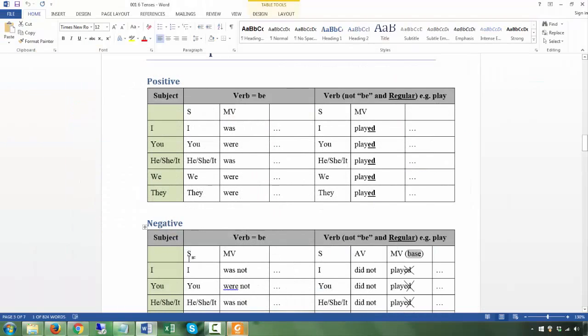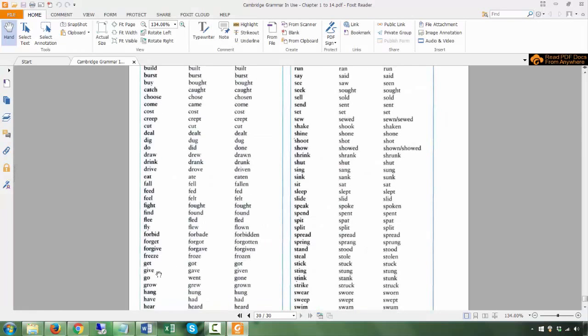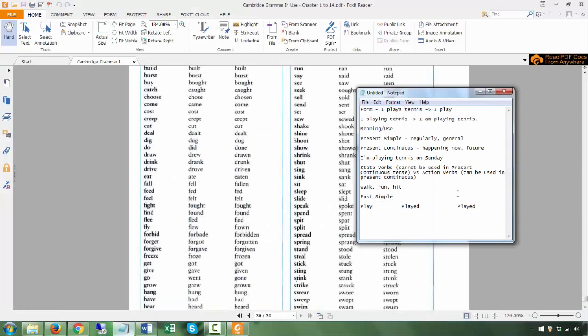But what about the negative for irregular? You don't care about the ED or whatever it may be. You just put the auxiliary did not, and then you put the base verb. So for example, for go, if you want to use it in the past simple positive, you would say something like, he went to the store yesterday.